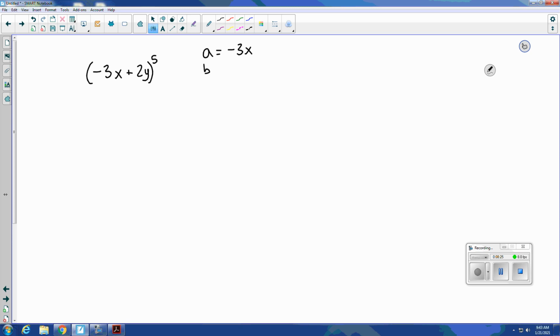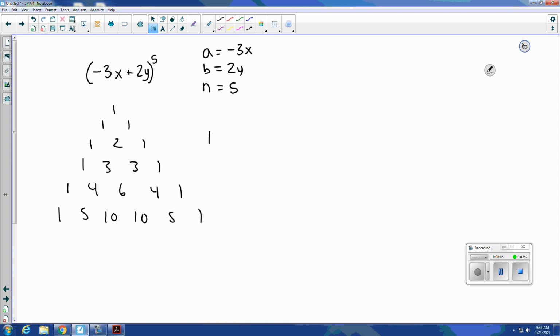Okay, so that looks pretty intimidating. So b is going to be positive 2y, and then our n value is 5. So we're going to have to come up with the 5th row. So row 0, row 1, row 2, row 3, row 4, and then row 5. So we're going to need our calculator for this one for sure, but let's write our row 5 with some space.